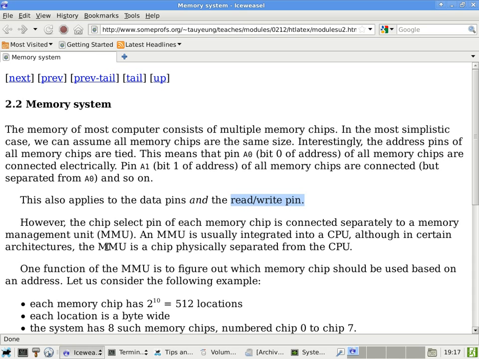And then this will give me location 1024 all the way up to location 1535. And then this is going from 1536 all the way up to 2047. In other words, these are my logical addresses.